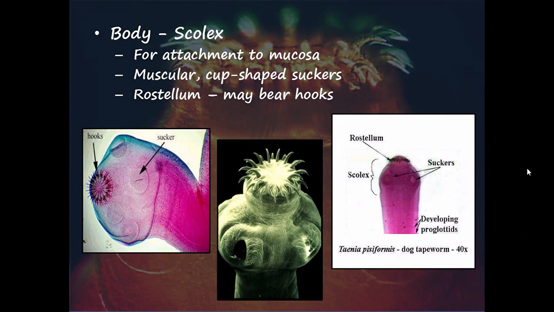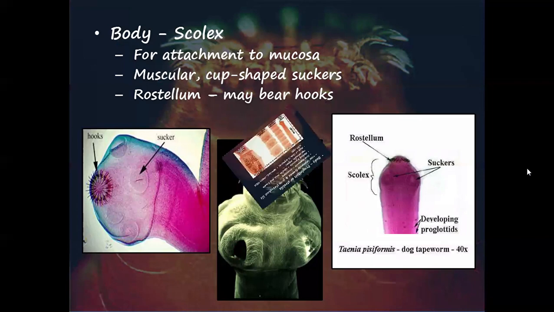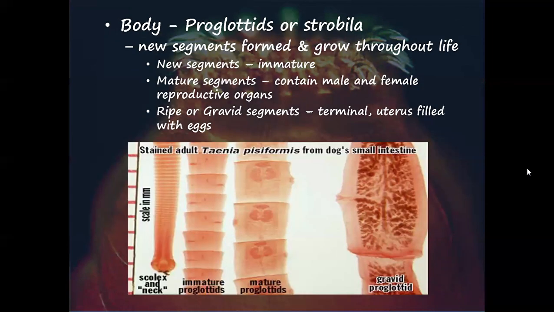Behind the scolex, there is a very short neck, and after that, you will have the body. Another term for the body of your tapeworms is proglottids. Each segment is formed from the neck, and new segments are formed throughout the life of the organism.